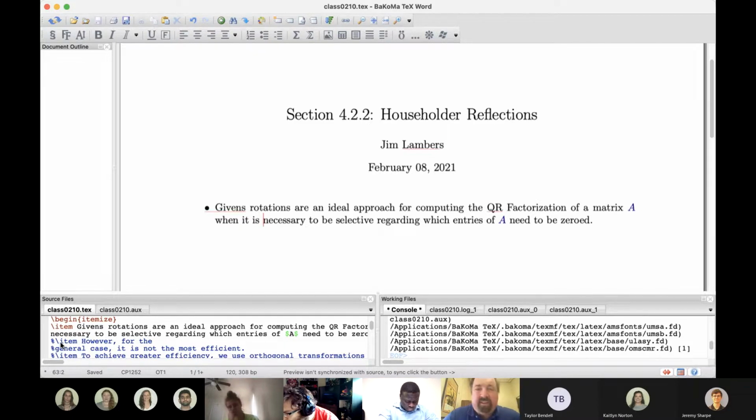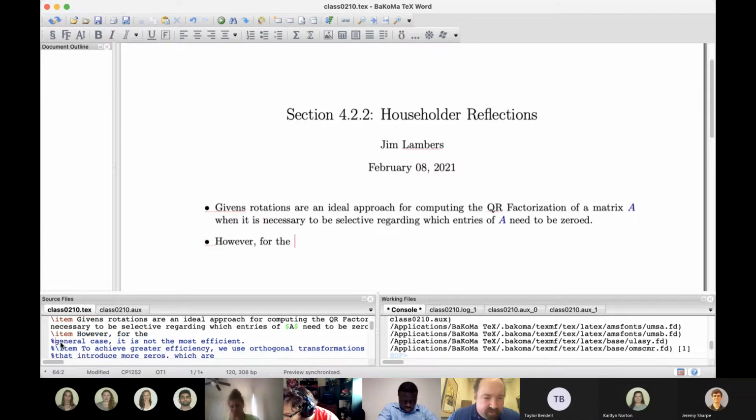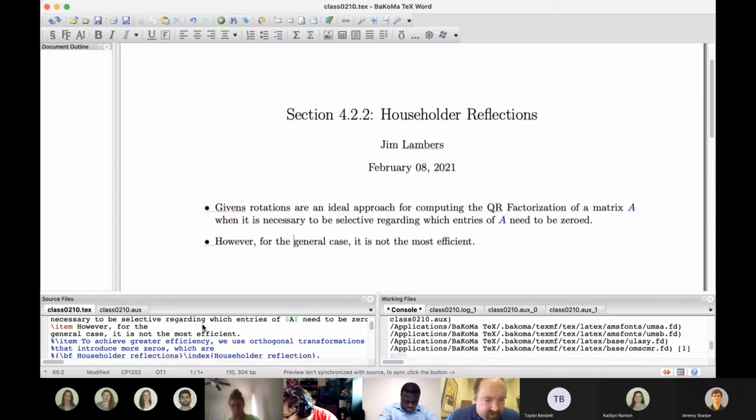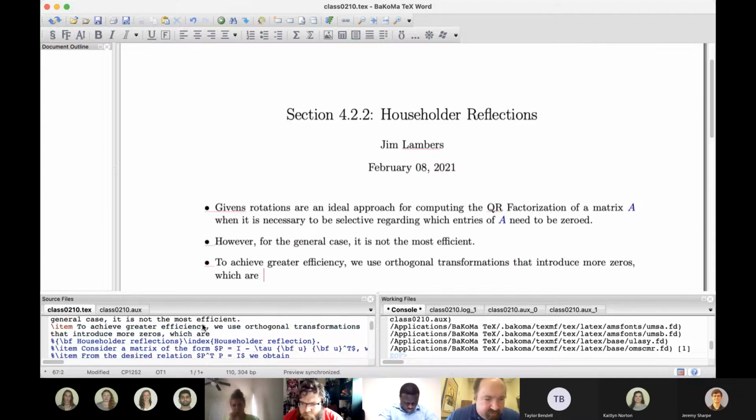But it turns out that Givens rotation, while maybe the most versatile approach to the QR factorization, is actually not the most efficient. So that's where Householder comes in.